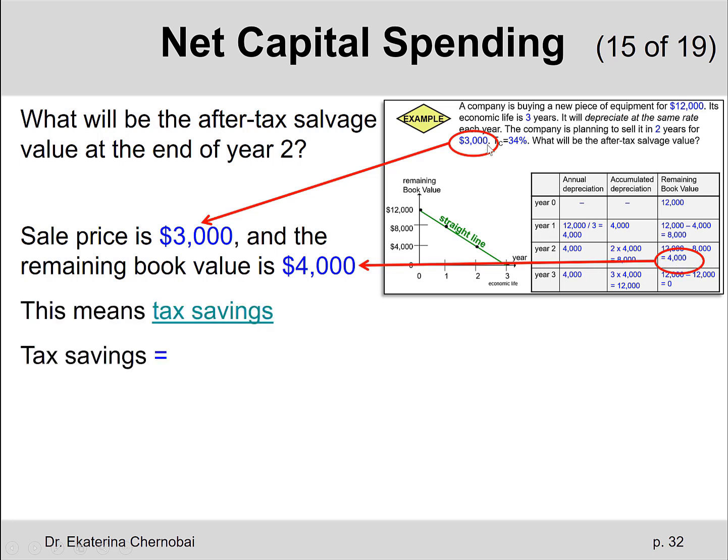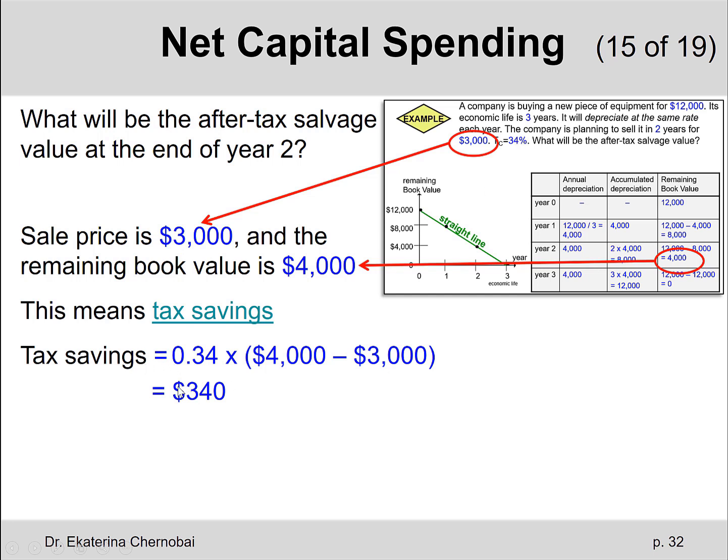Because we are selling the asset for less than what it's worth, we are selling it at a loss. And we had an explanation on one of the earlier slides, which explained how this corresponds to the case that we call tax savings. So how much taxes are we going to get back from the IRS? We're going to get back the difference between 4,000 and 3,000 multiplied by the 34% tax rate which was given.